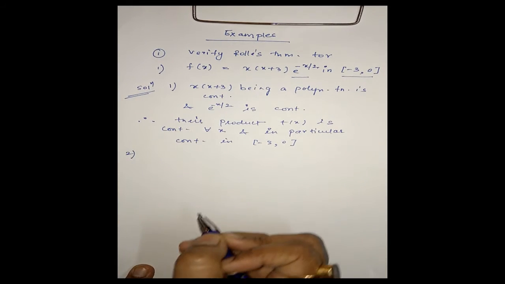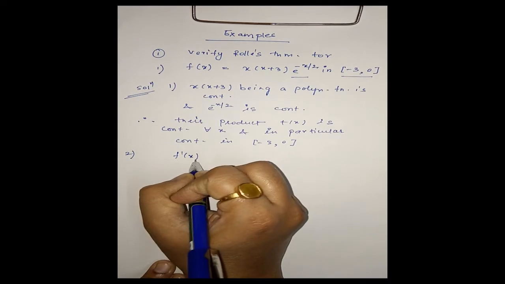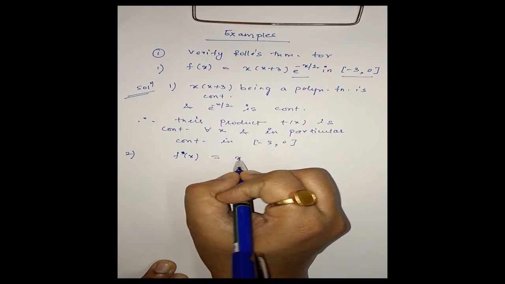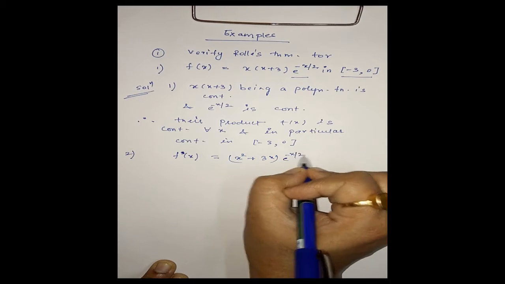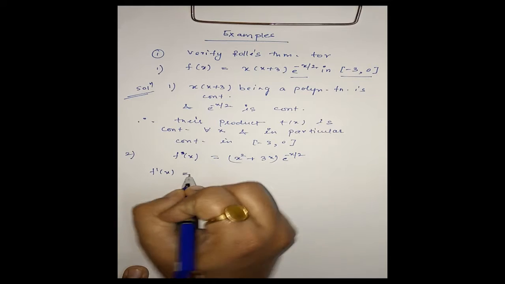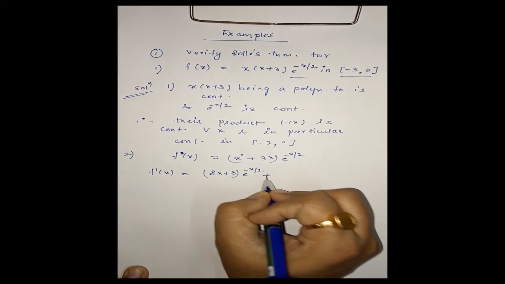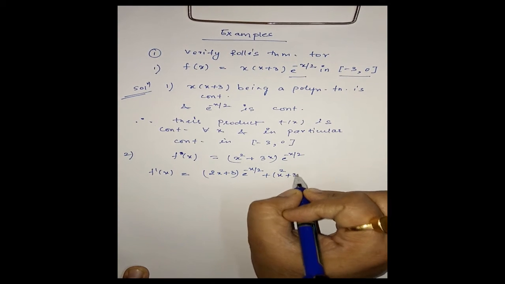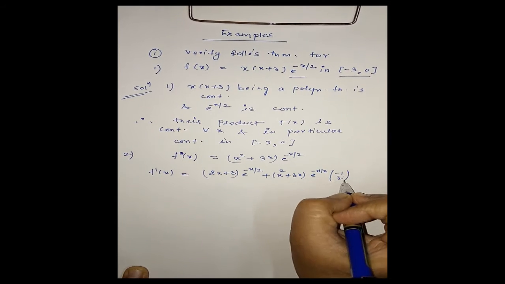Second is derivability. First I can write f(x) in the form (x square plus 3x) e to the power minus x by 2. Now f dash x is equal to (2x plus 3) e to the power minus x by 2 plus, applying the product rule of differentiation, (x square plus 3x) e to the power minus x by 2 into minus 1 by 2.